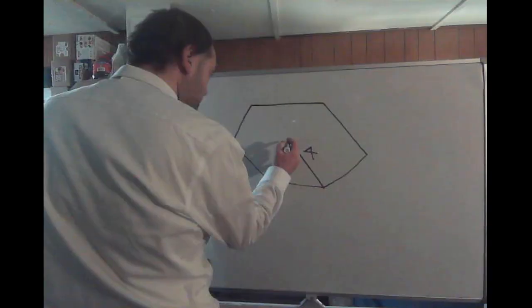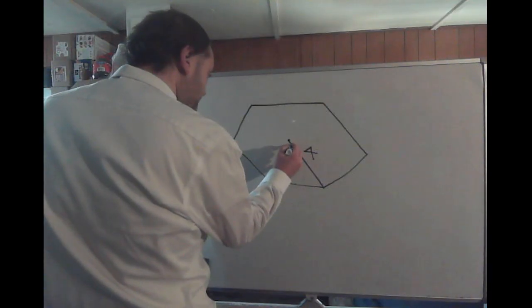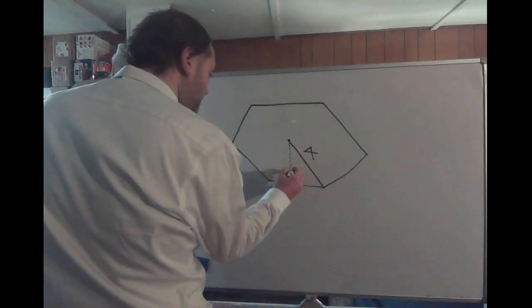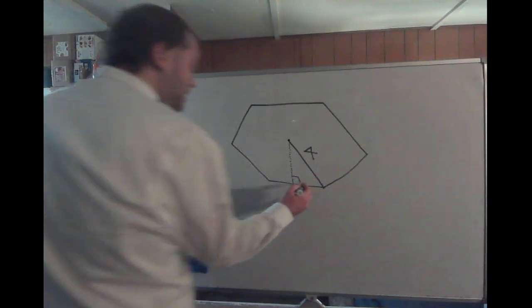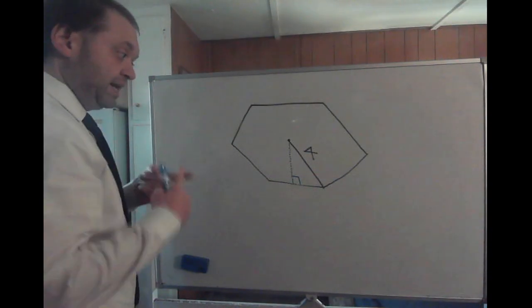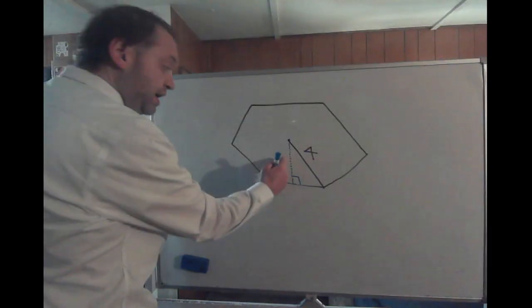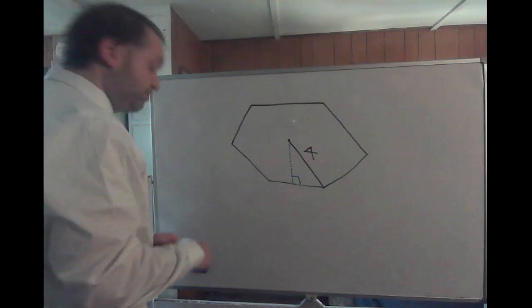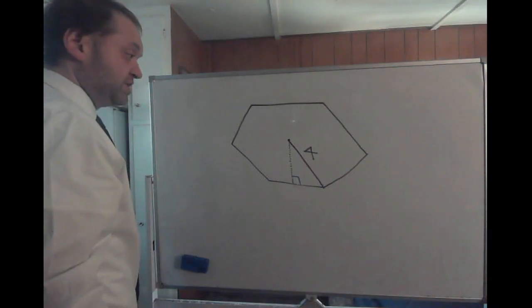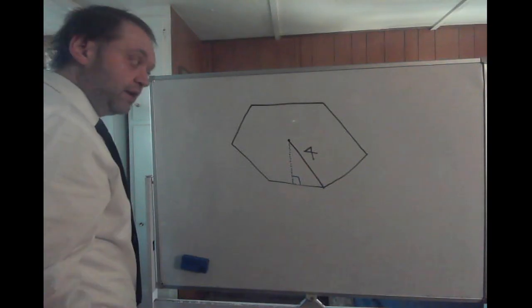Alright, I'm going to draw the apothem here, and what do you know? We form a right triangle. We don't know the base, we don't know the apothem, and of course we don't know the perimeter. We have to solve for all those things, and then we can find the area.